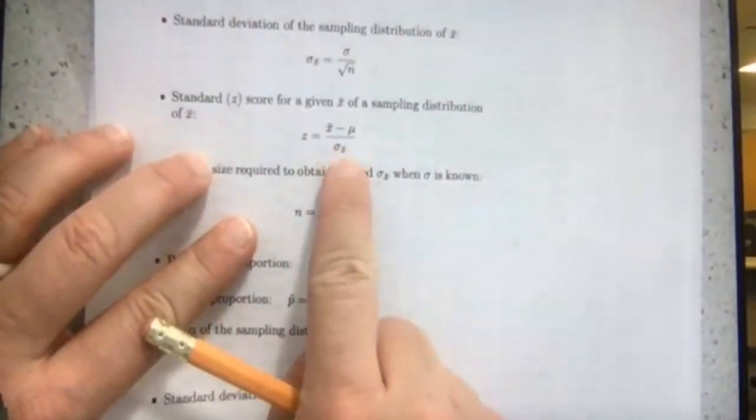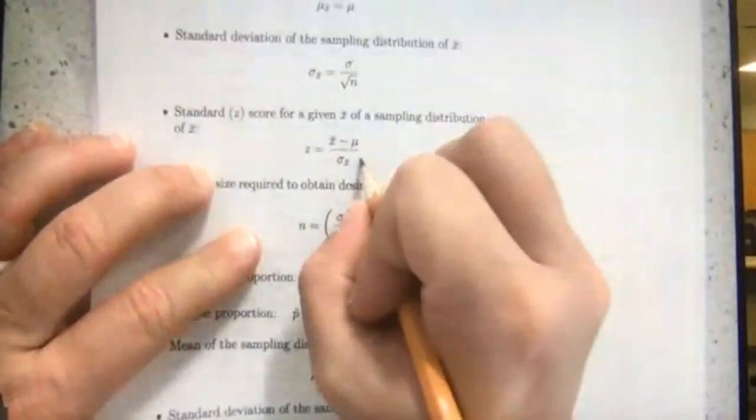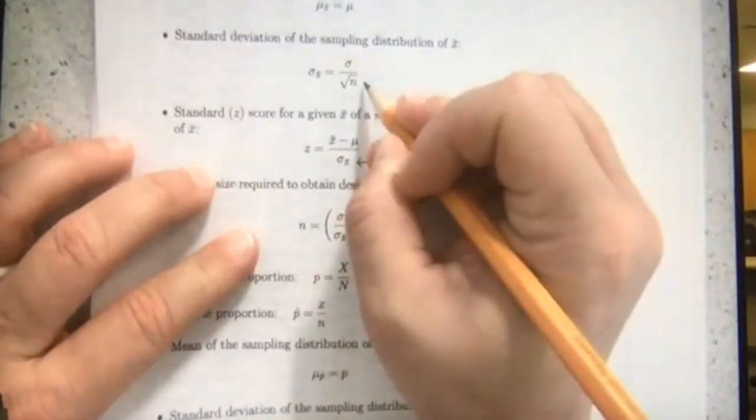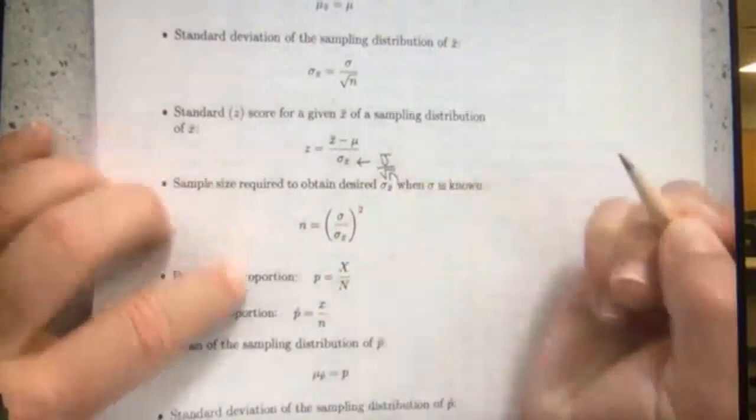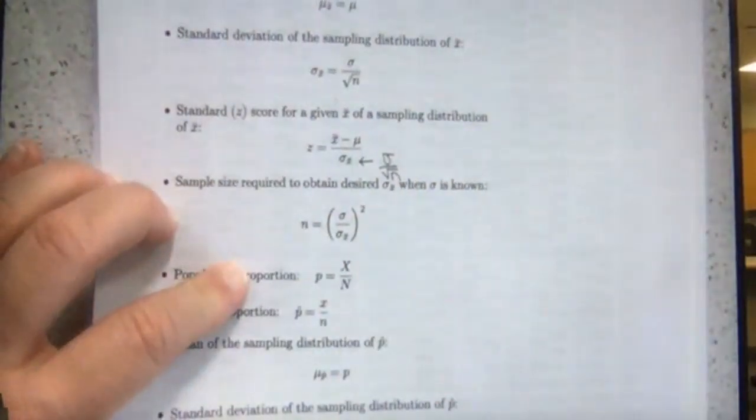Z equals x bar minus our mean all over our sampling standard deviation, which is sigma over the square root of n.